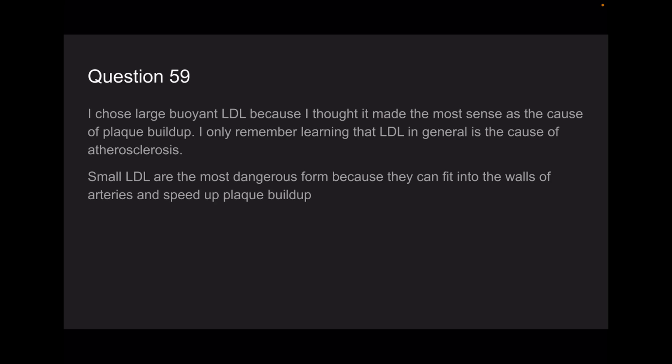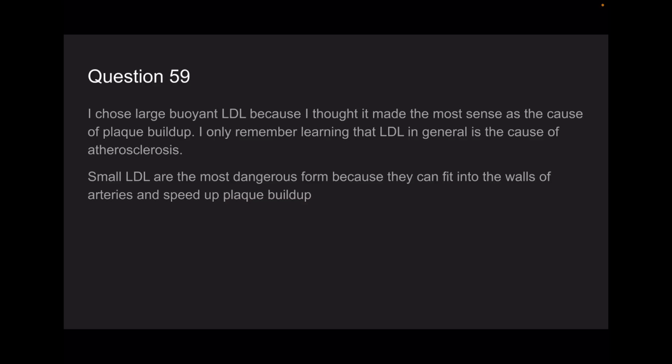Which of the following is most likely to interact with arterial walls, leading to deposition of cholesterol and initiating or worsening atherosclerosis? I chose large buoyant LDL because I thought it made the most sense as what would be the makeup of plaque buildup in arteries.